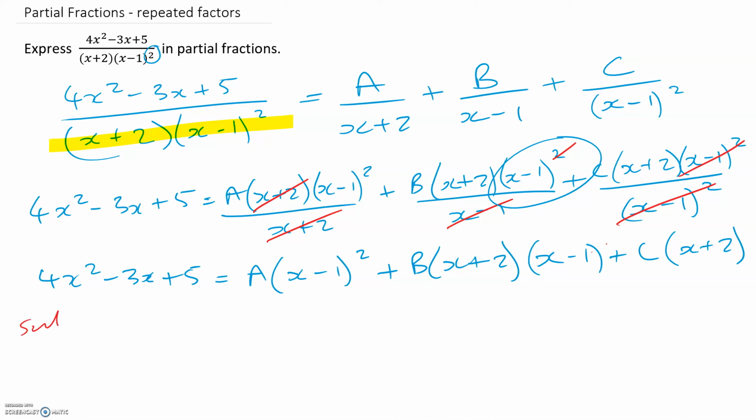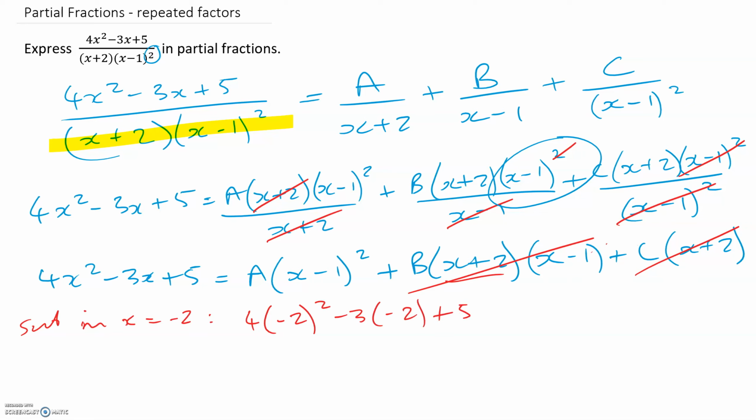If we now substitute in x equals minus 2, that's going to make this bracket equal 0. So all of this will equal 0 and all of this will equal 0. So we'll be able to find out what a equals. So we're going to do minus 2 into the left hand side, and minus 2 into the right hand side will just leave us with a times by minus 2 minus 1 all squared.